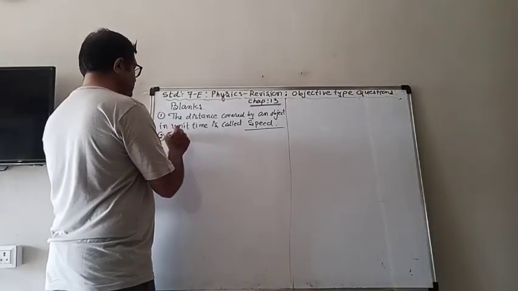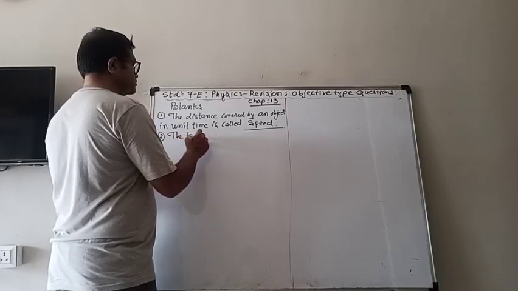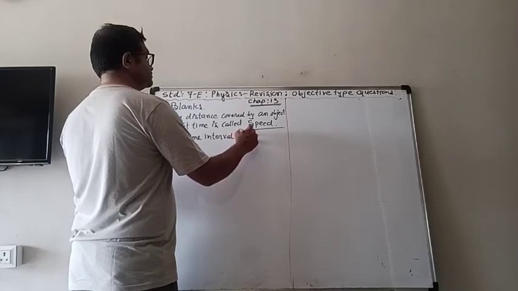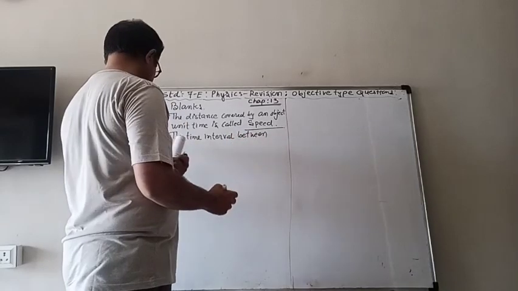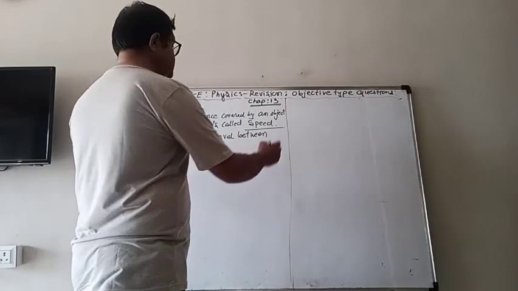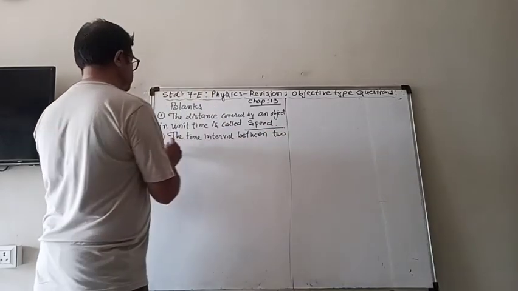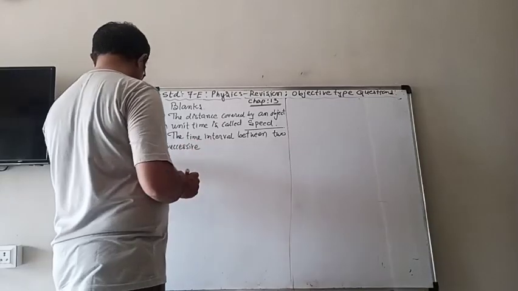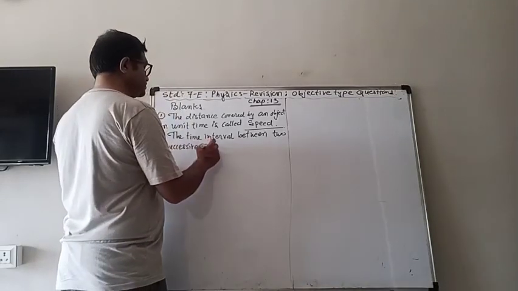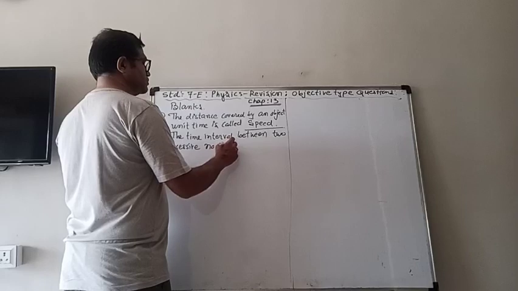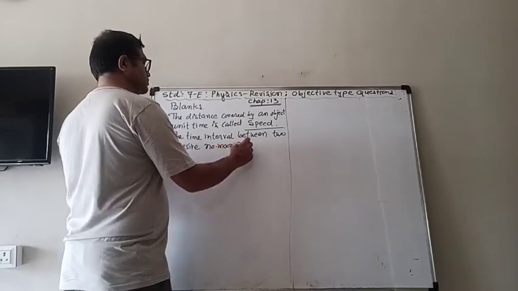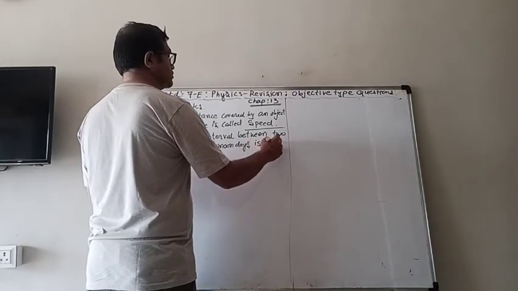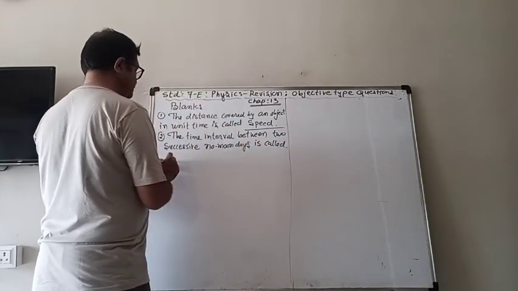The time interval between two successive no moon days is called blank.